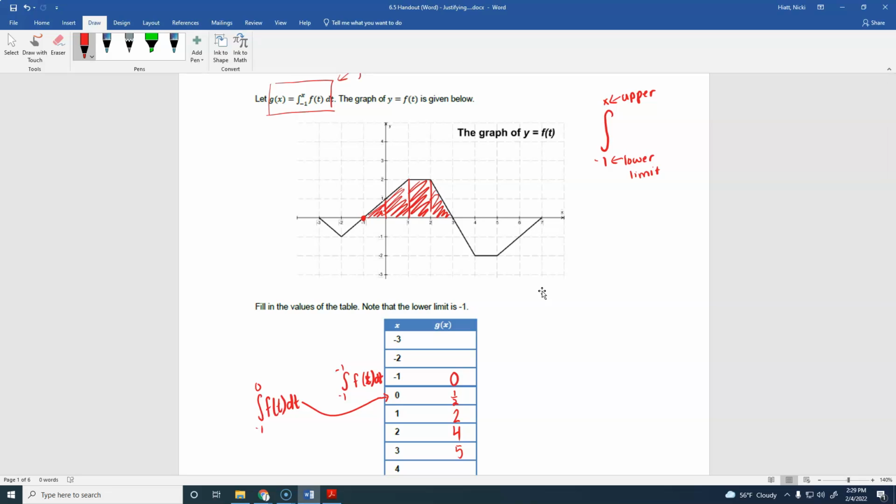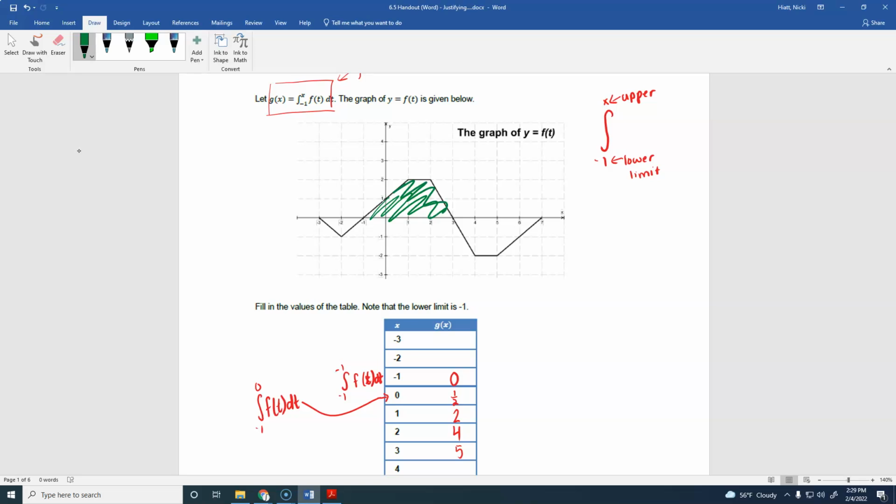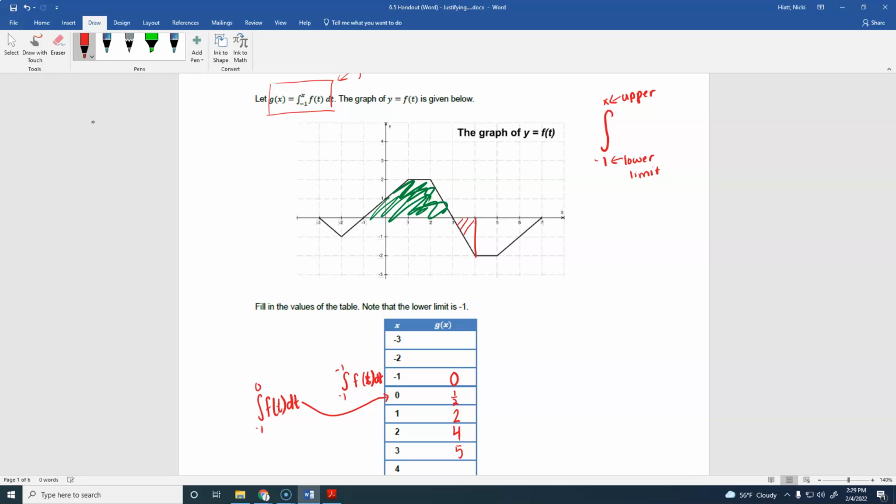All right. So now, I really should have used a different color besides red. Let me switch. I'm going to use green right here. So we found all of this area so far. It was green. Now, what happens when we go over here to 4? It starts subtracting. It is underneath the x-axis.